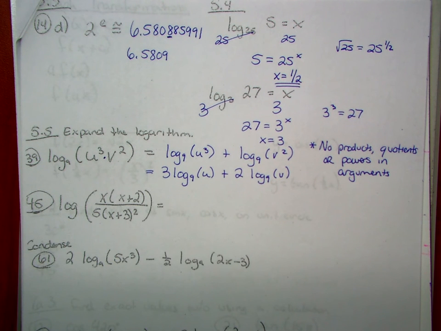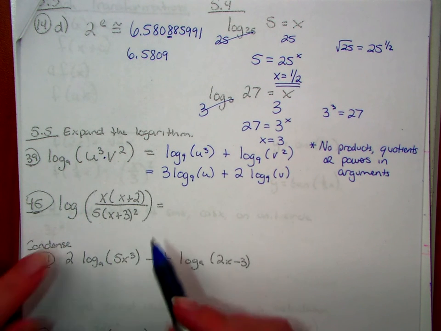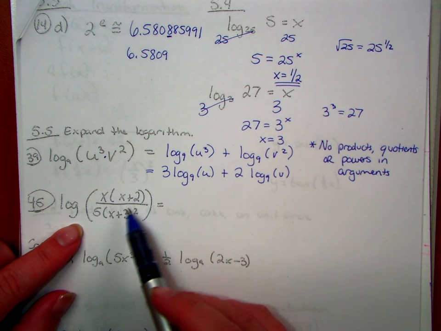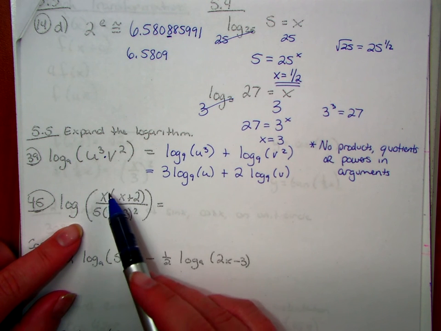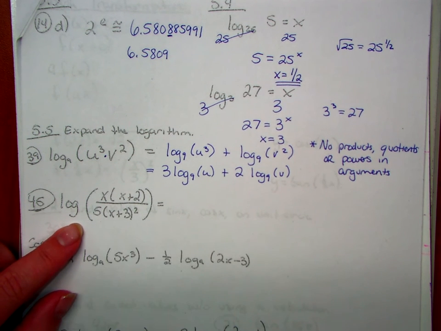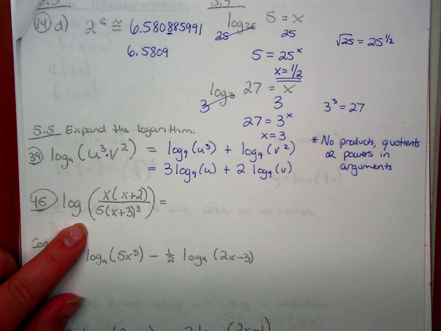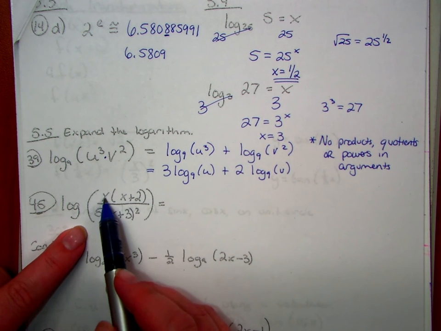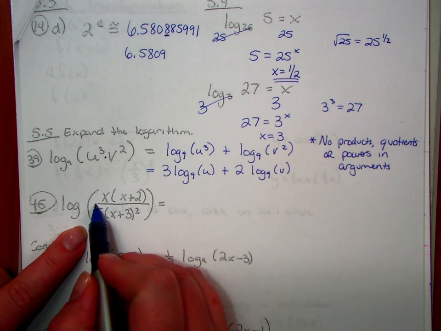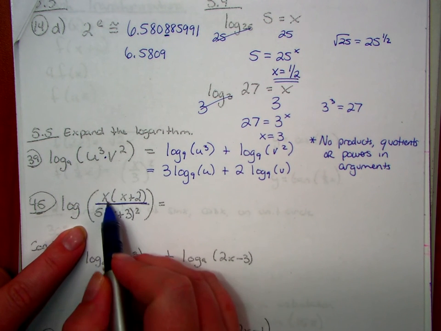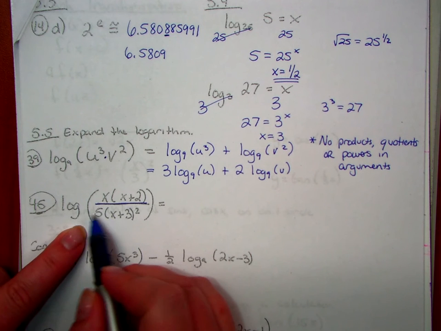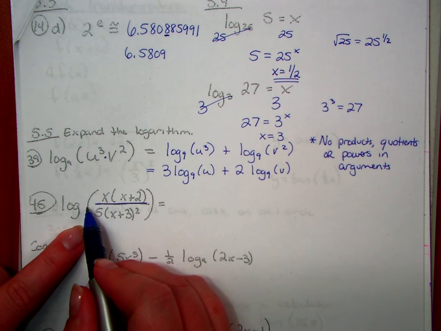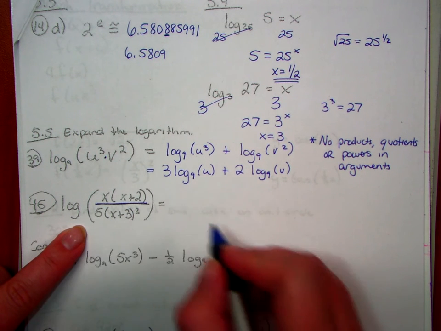All right, here we have a fraction and we have products everywhere, and we have one power here. So make sure you're splitting this up in the right order. We have this quotient that is encompassing a product up top and a product down below, so what you want to do is split up this quotient first.